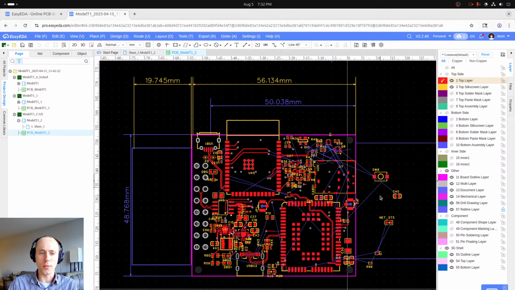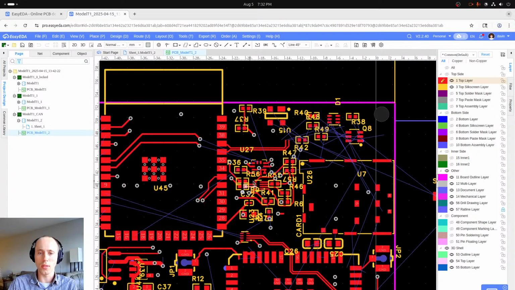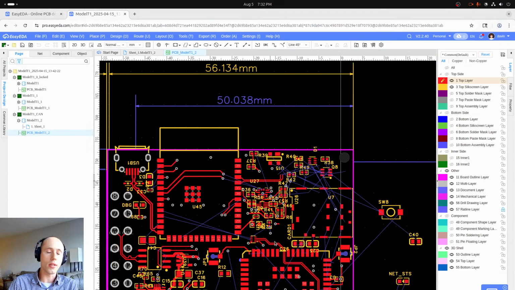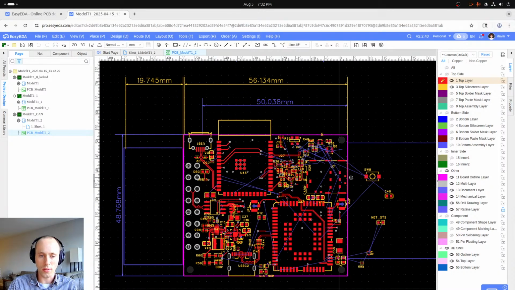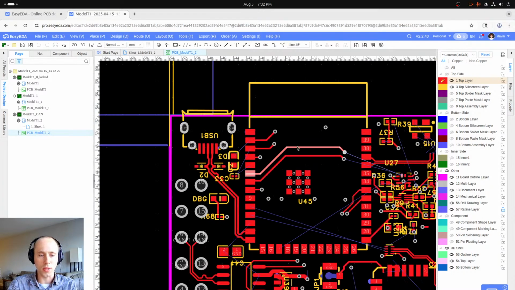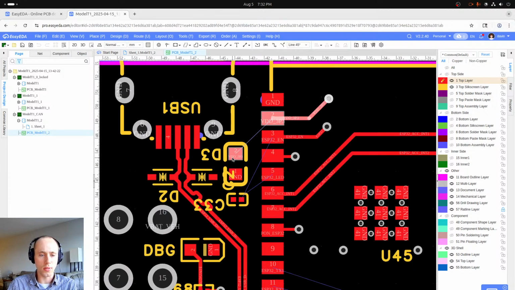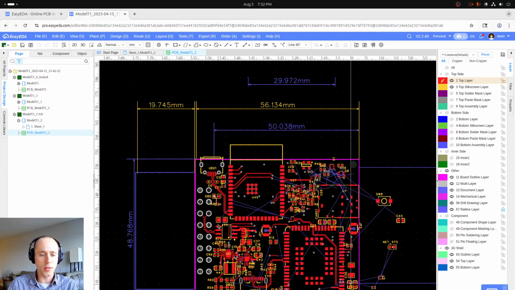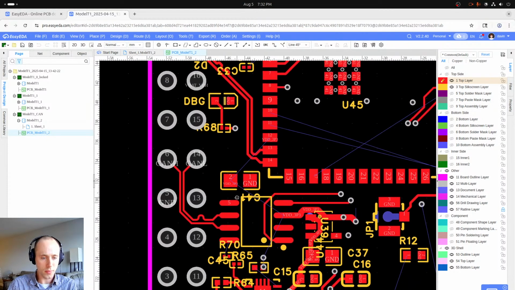You don't want to undo a bunch of routing in order to move some components around and then have to redo the routing later. It's a big headache. So we want to put the effort up front in order to put components in their places. That's what we're going to be doing.